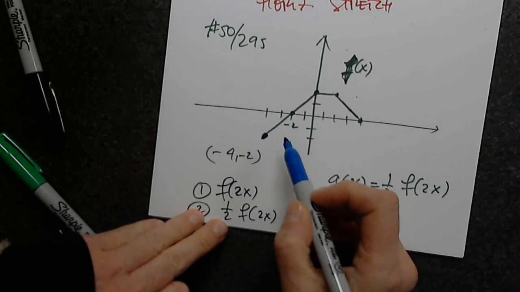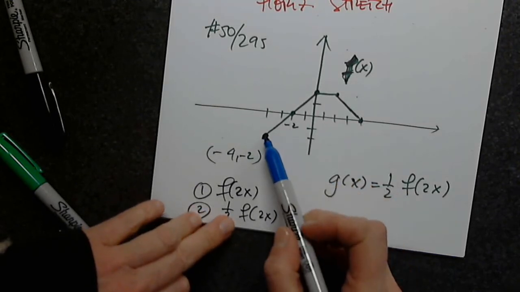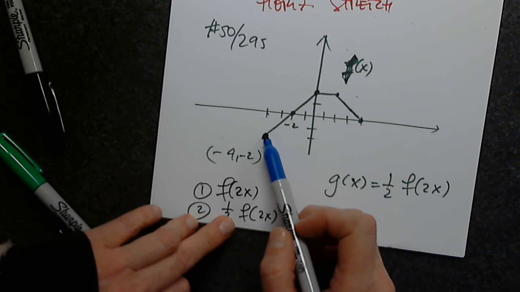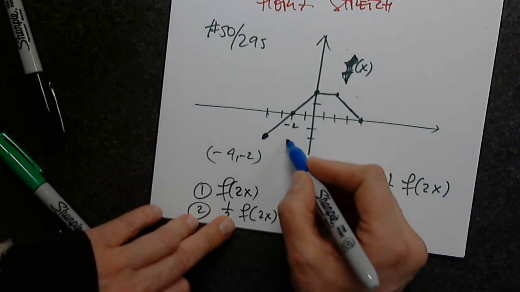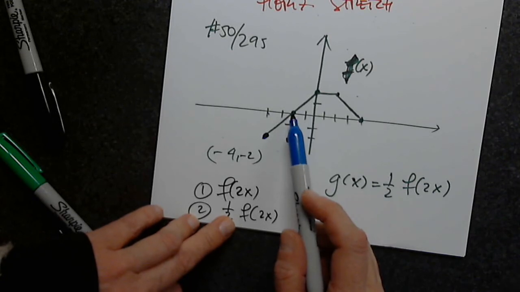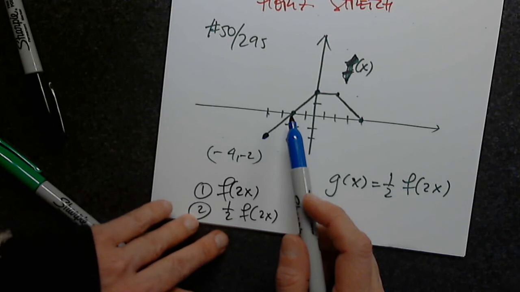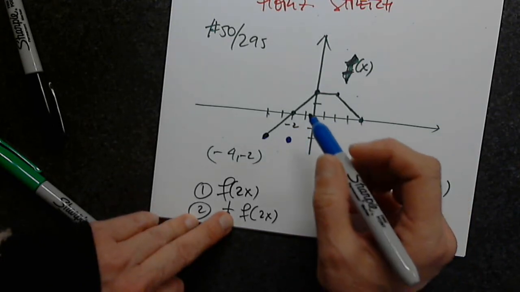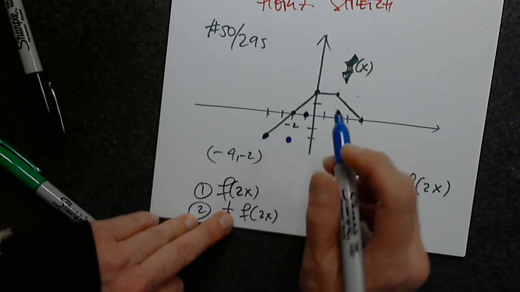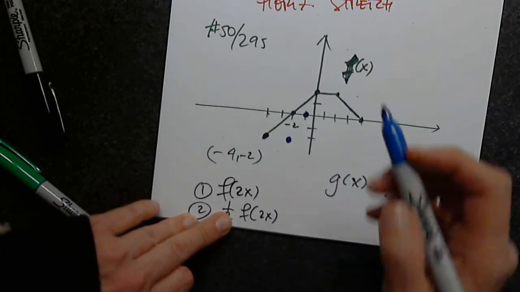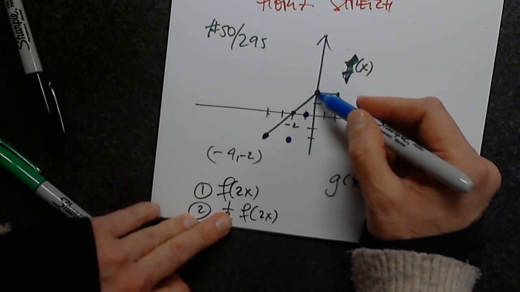This point is over -4. I divide -4 by 2. It will move here. This point has x equals -2. I divide -2 by 2. Where does it go? -2 divided by 2 is not 0, but is -1. This point has x equals 0.